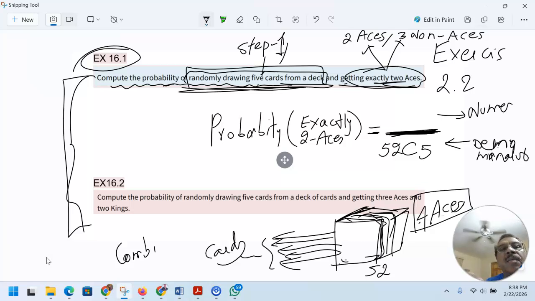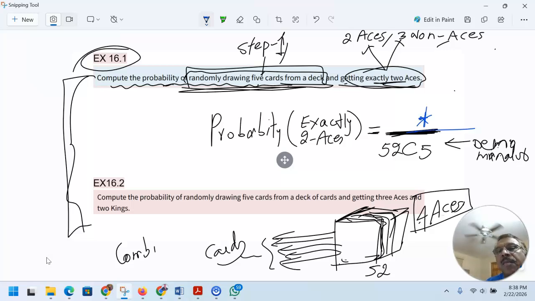We have to use the fundamental principle of counting again, because to write the numerator we have 2 parts, and we are multiplying two numbers here. The first one is you want 2 aces from 4 aces, so 4C2.